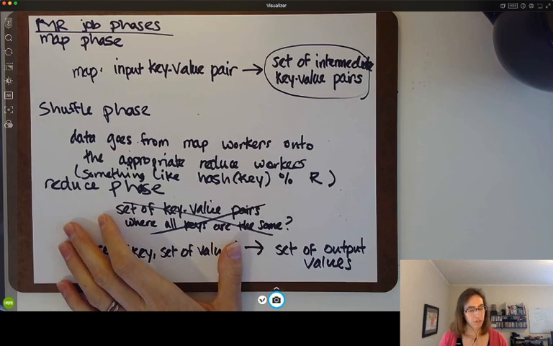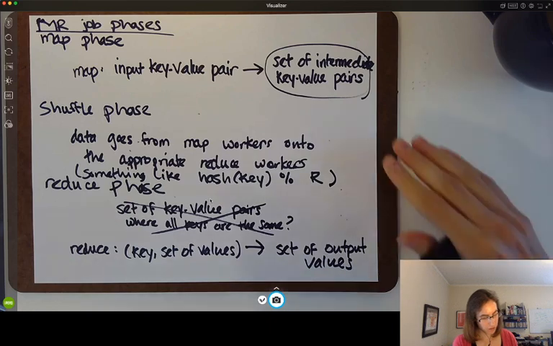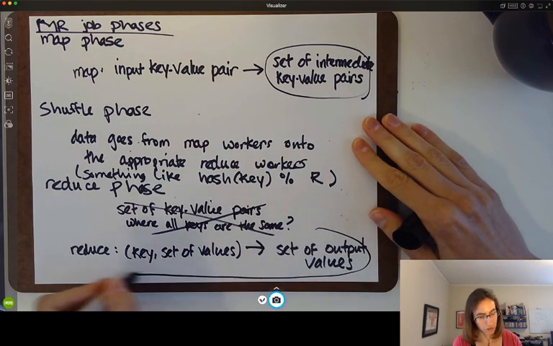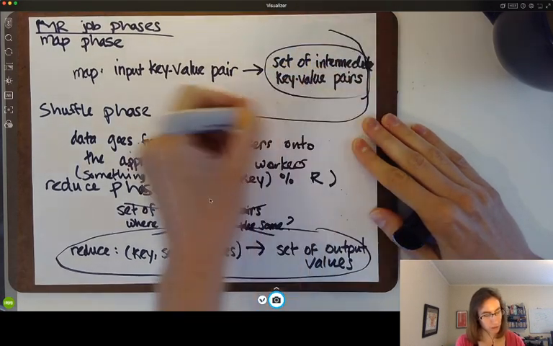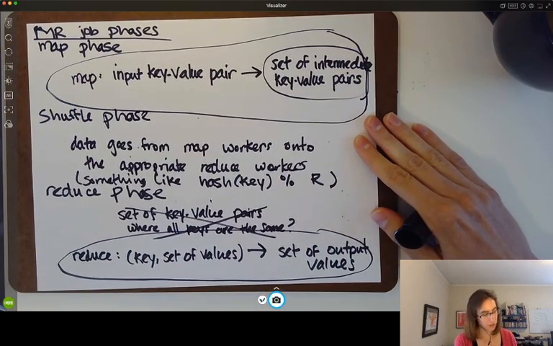Yeah, so the question that was just asked was kind of anticipating the very last thing that I want to talk about. In MapReduce, these are the types of the map and reduce function, at least conceptually. So the question that was asked was, does reduce produce one value or a set of output values?